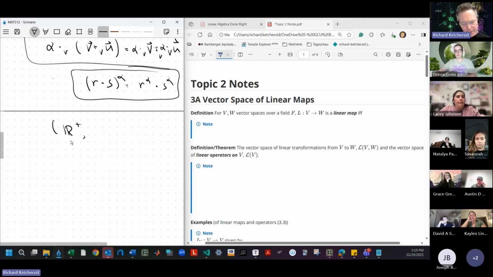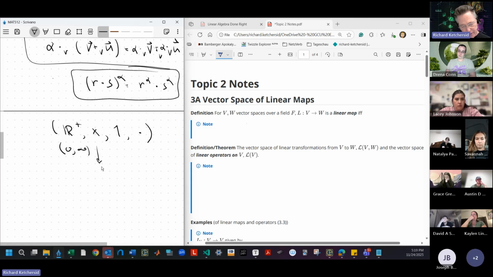So we're looking at R plus. This is just the positive reals. The addition in this vector space is multiplication, normal real multiplication. The 0 in this vector space is 1. And then the scalar multiplication, which I'll just write as dot here, is going to be exponentiation.